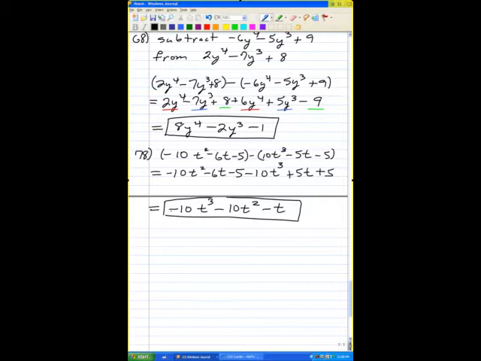Let me do problem number 90. Negative 8u plus 11 minus a negative 2u to the fourth minus u cubed minus 12u.